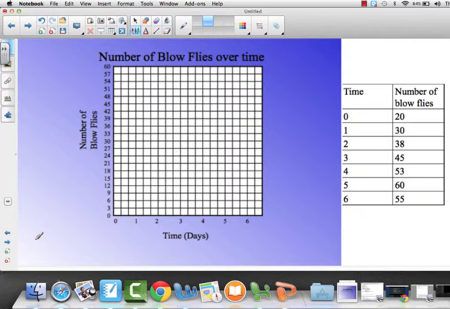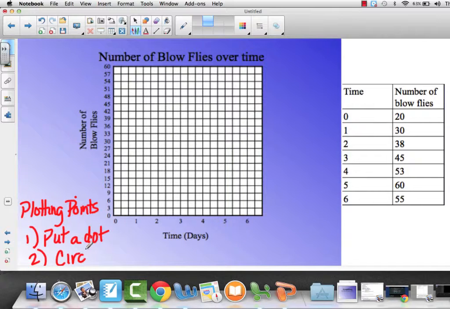The best way to plot your points is, number 1, you're going to write this down. So you're going to write plotting points. First you put a dot, then you circle it, and then connect the circles. So 0 and 20.